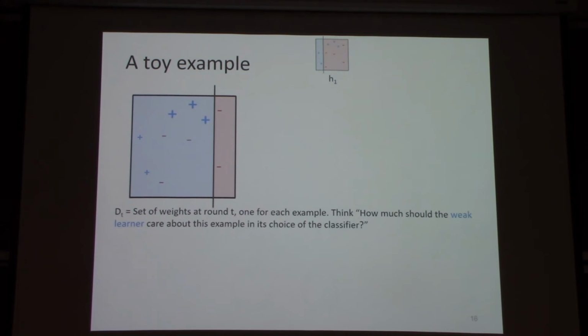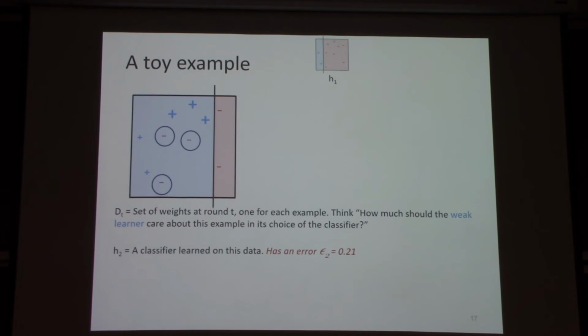So what is the error of this classifier? There are 10 examples. Seems like it should be 0.3. But remember, we have this importance. The error is a weighted average of the importance. So even though you made 3 mistakes, these 3 examples have a lower weight. Maybe each of them matters only 0.07, for example.